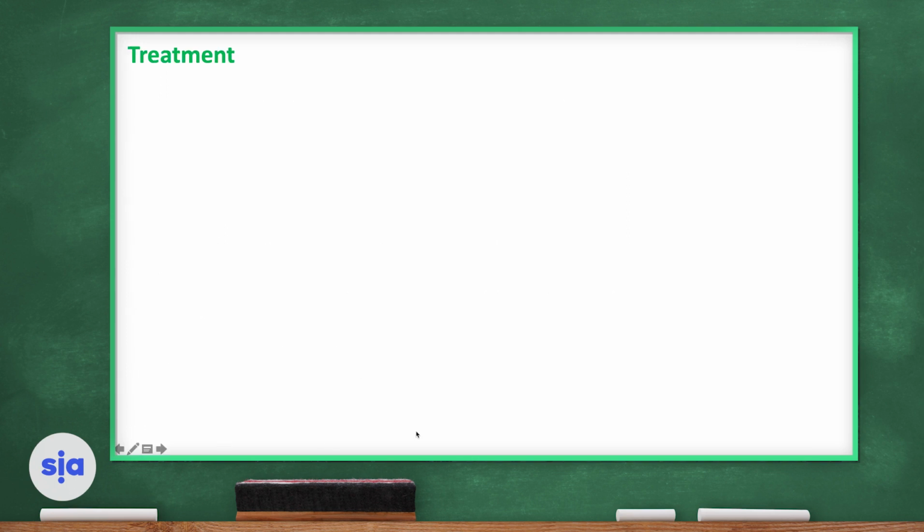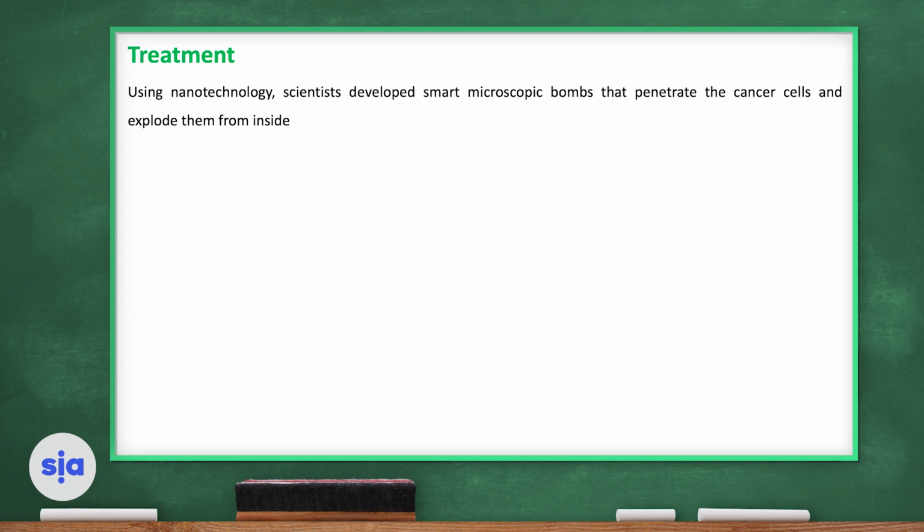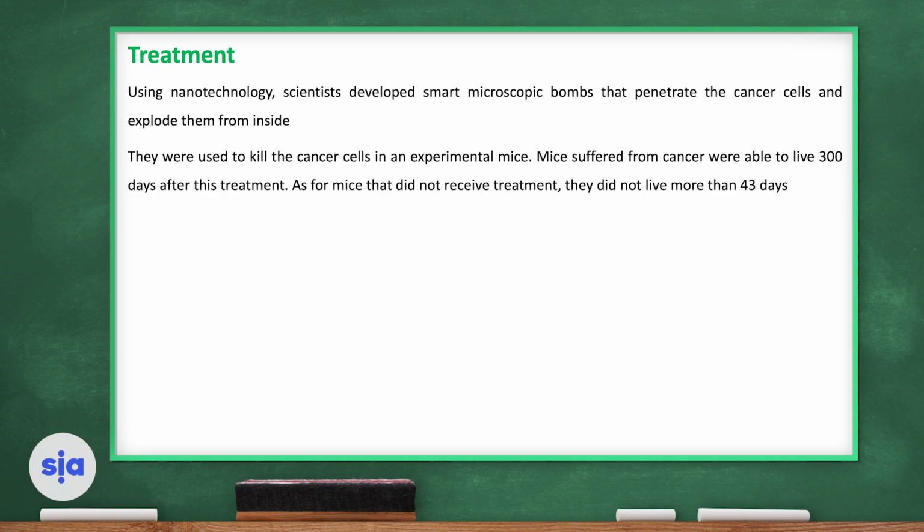What about its treatment? Also using nanotechnology, scientists developed smart microscopic bombs. And these microscopic bombs could penetrate the cancer cells and kill them. They were used to kill the cancerous cells in experimental mice. And the mice suffering from cancer were able to live 300 days after this treatment.